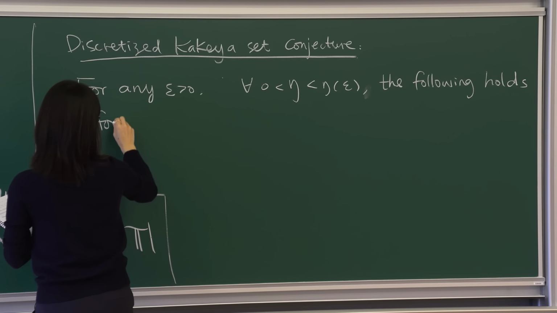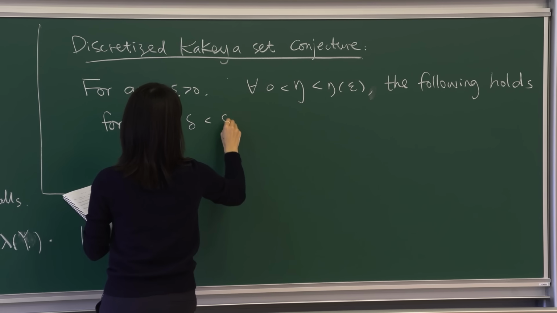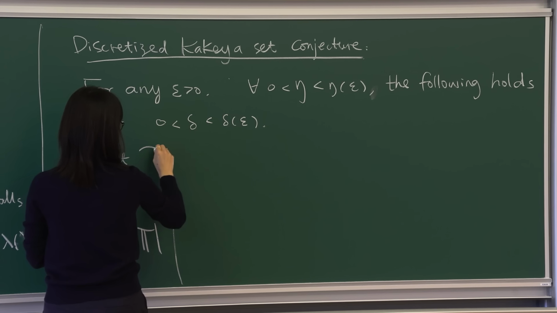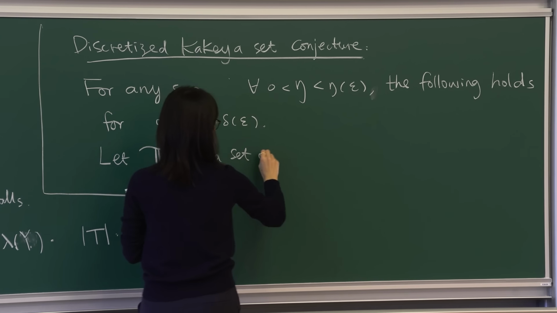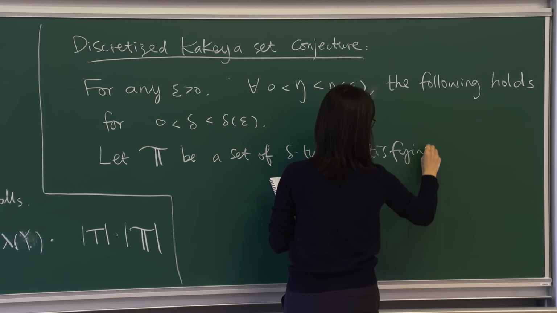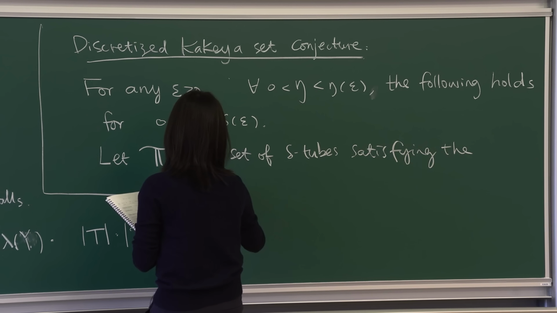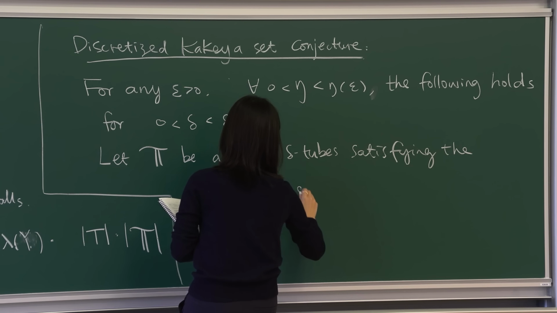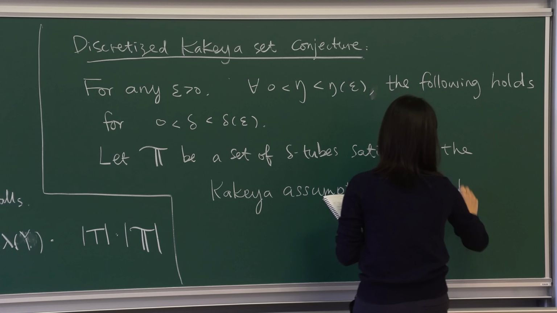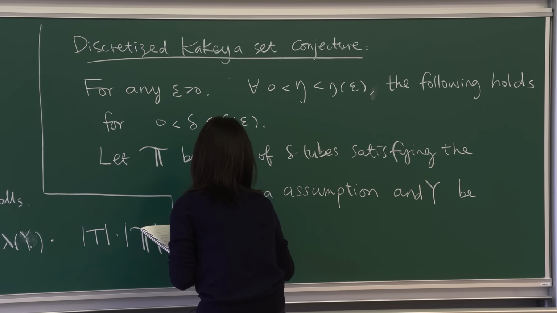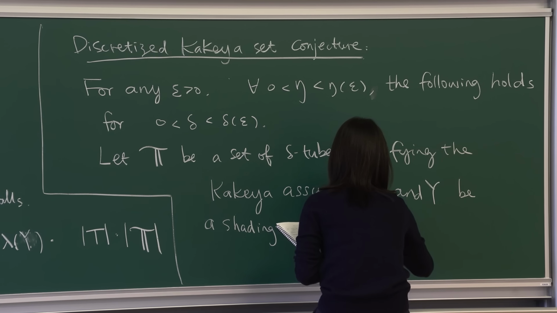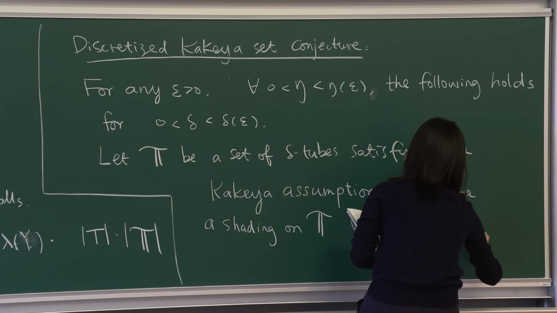for, again, delta sufficiently small. Let T be a set of delta tubes satisfying the Kakeya assumption, and Y be a shading on the set of delta tubes with density greater or equal than delta to the eta.